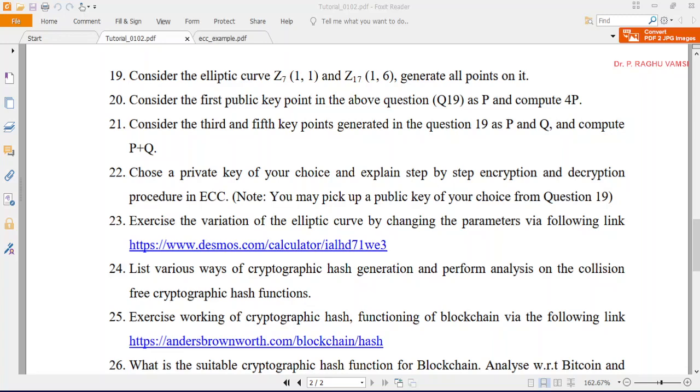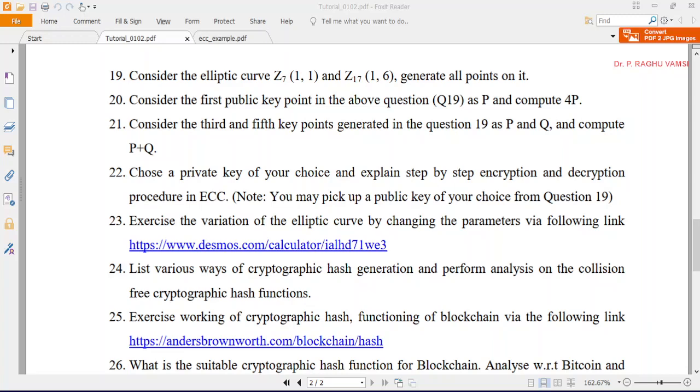And immediately you need to get the idea of the elliptic curve equation and all the remaining things. So it is a shorthand representation for the elliptic curve Zp of a comma b. This is in general how we'll mention it.